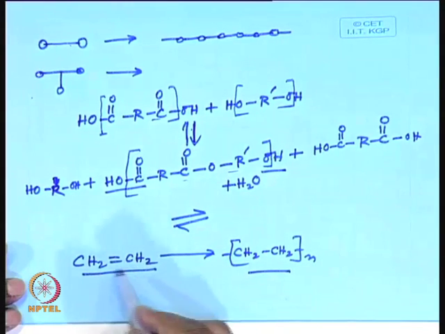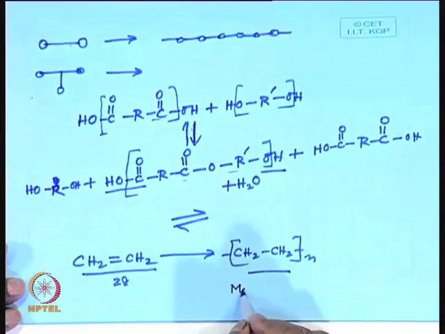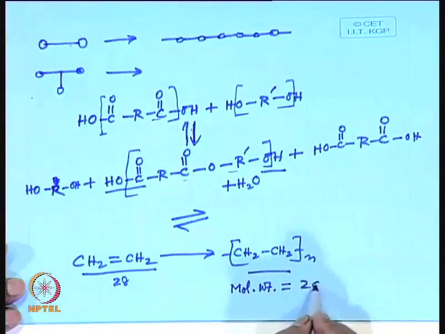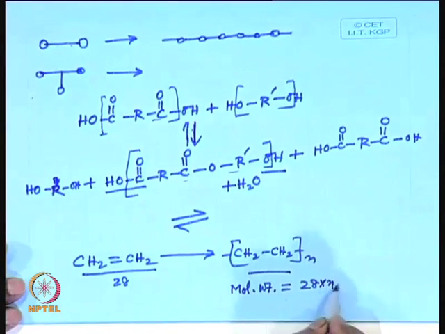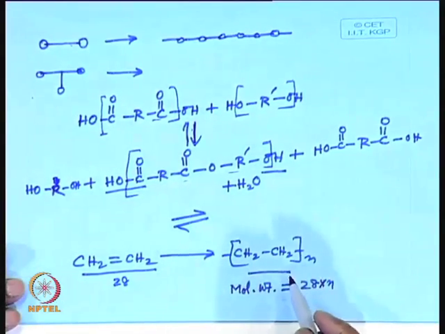Molecular weight of the monomer is here 28, here n number of units of mass 28 are present in the polymer chain. So, molecular weight in this case is very easy to calculate, 28 n. This is the molecular weight. If n is 50,000, that is the molecular weight. If n is 10,000, that is the molecular weight multiplied by 28.